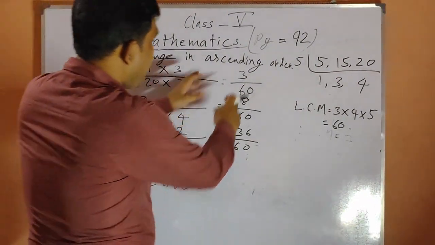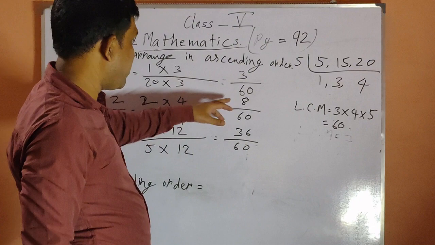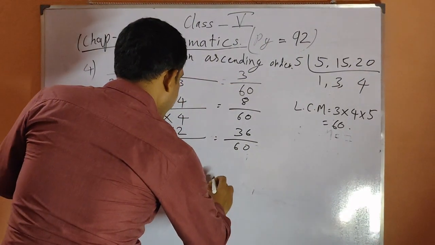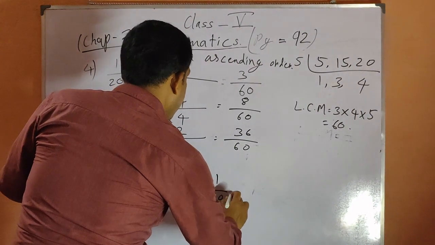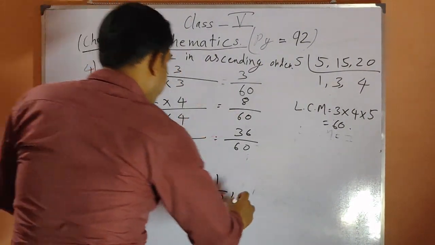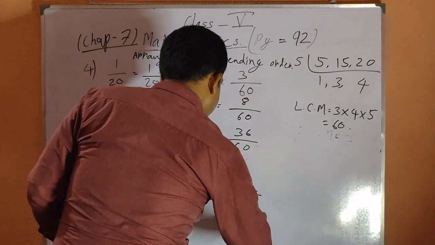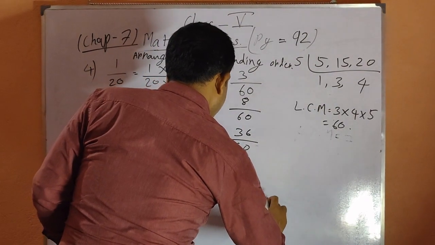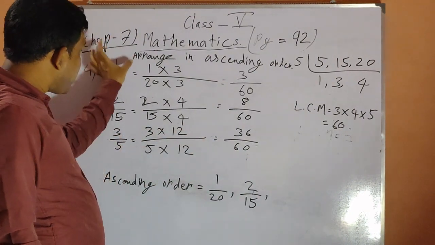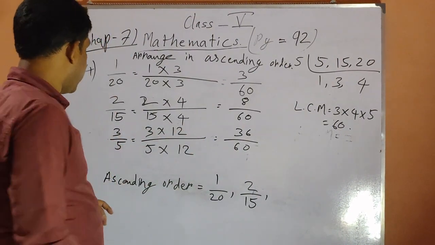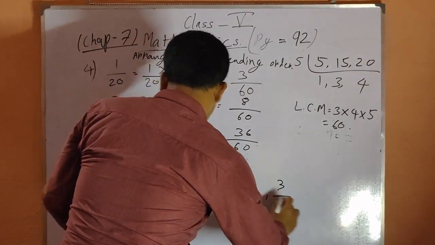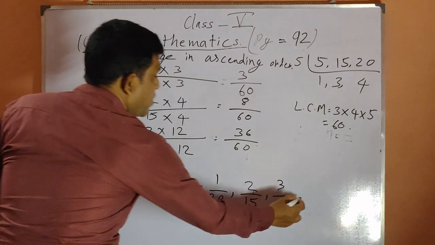From here you can find the smaller: 3 by 60, that means 1 by 20. Then 8 by 60, that means 2 by 15. Then 36 by 60, that means 3 by 5. That means you have to write this in the answer.